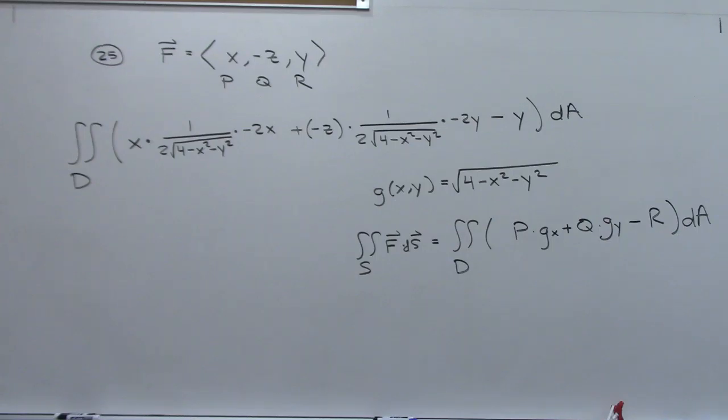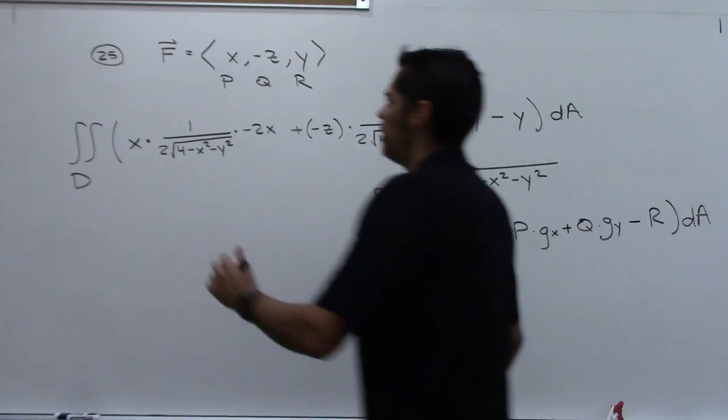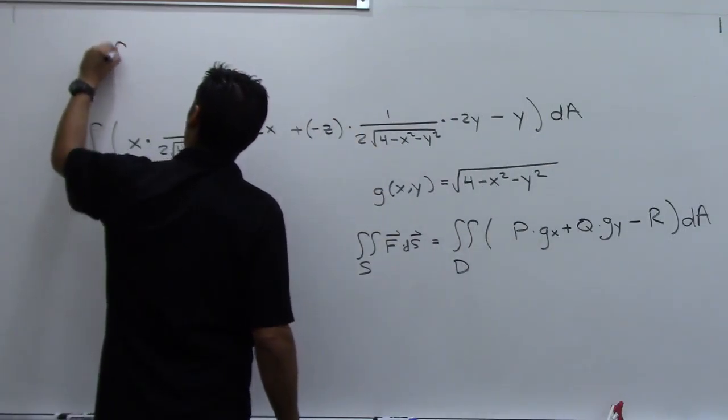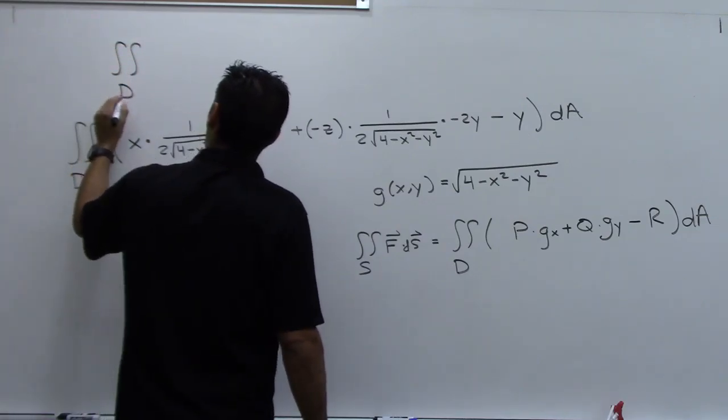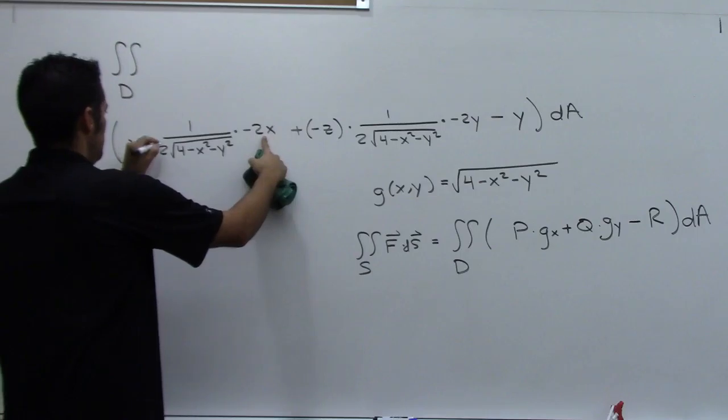Now that doesn't look very pretty. I agree with that. I'm wondering if I should clean this up. Yeah, let's clean this up just a little bit. This will be the double integral over D, X and X here, and then these twos cancel.